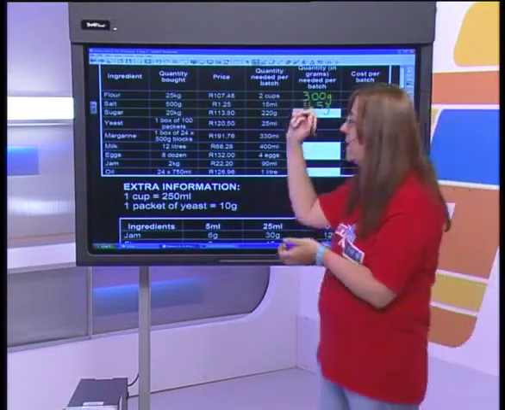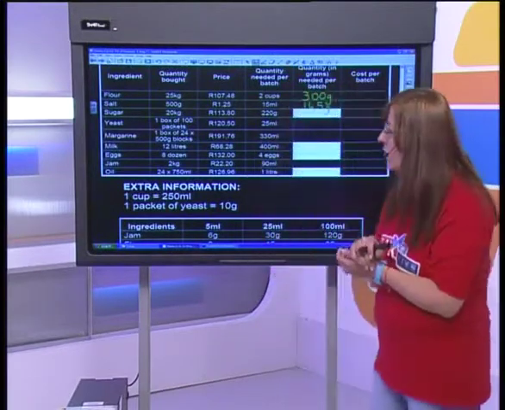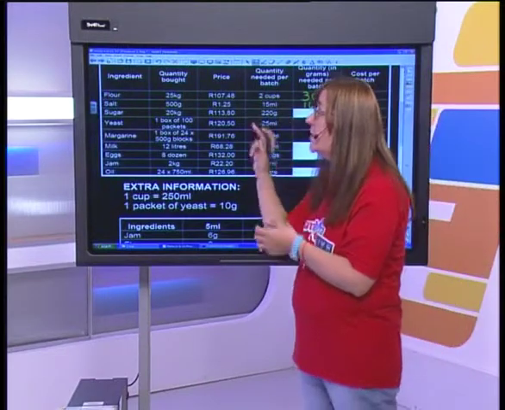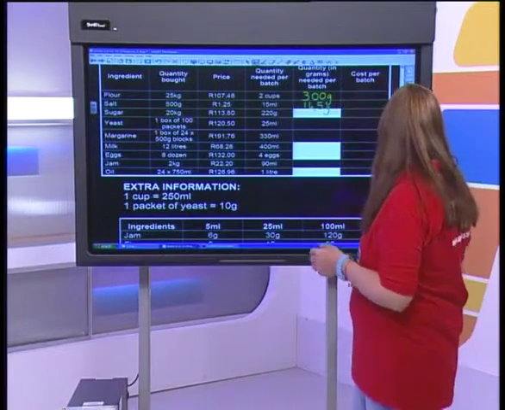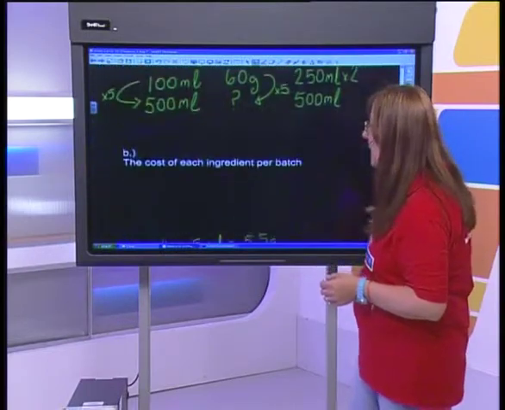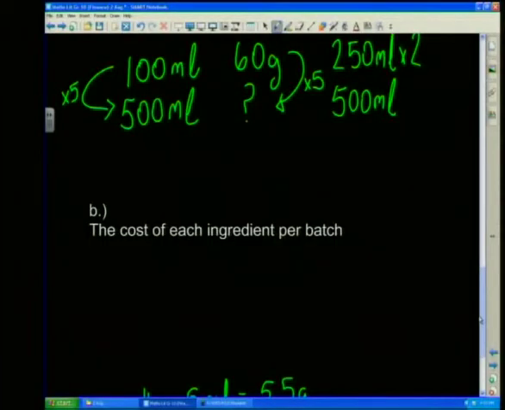And we're going to do that for every single one of the ingredients. I don't think that I need to spend all the time going through every ingredient. Maybe if we've got some time at the end of the lesson, although I would like to get to that question 1. So I'm going to start with those 2, and go on to the next question, which is going to ask me for the cost of each ingredient per batch.